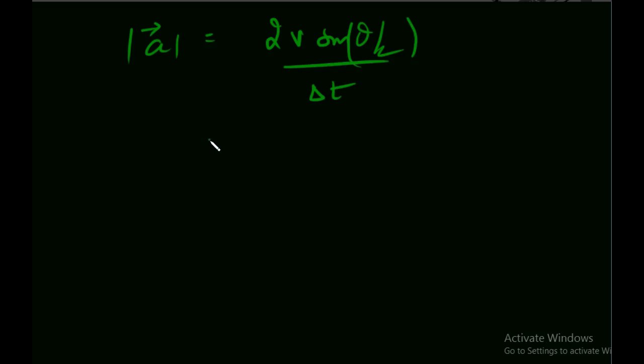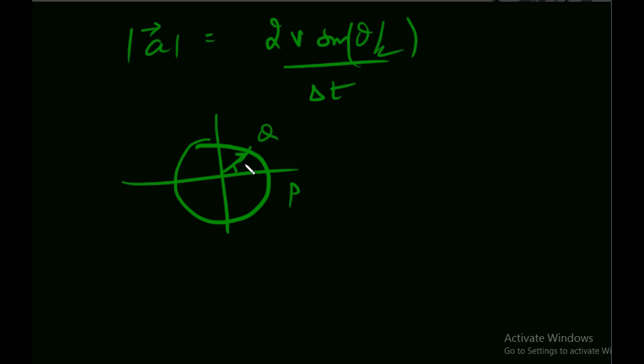Now, what is delta t? This was P, this was Q. For a very small angle theta, the arc PQ, by standard notation, we write this as differential distance, and this would become d theta. So by standard notation, if this is a very small angle d theta and this PQ is ds, then ds equals r d theta, where r is the radius of the circle.